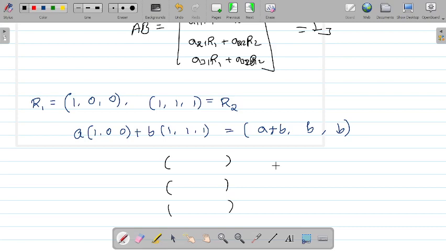Okay, now tell me the choice for a and b so that these are independent of the first row. Okay, let me take randomly. If I take a equal to 2 and b equal to 1, then what happens? I'm going to get 3 2 2.